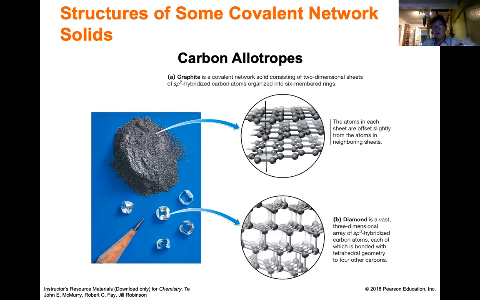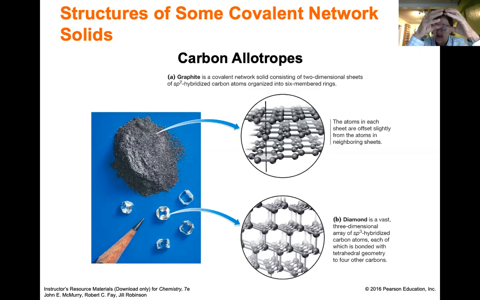That gives you the properties of your pencil lead, which is actually graphite. It's pretty easy to pull those sheets away from one another and move them onto a sheet of paper because it's London dispersion forces. Whereas in diamond, each and every carbon atom has sp3 hybrid orbitals.